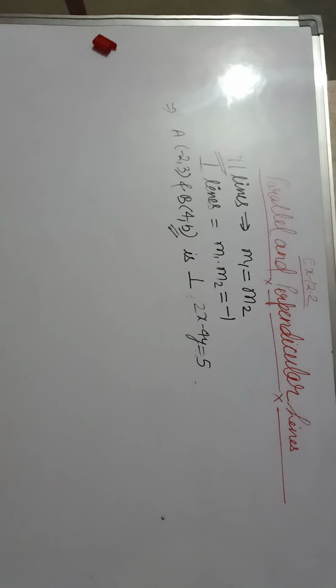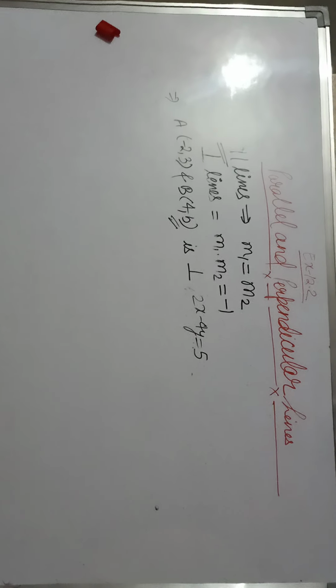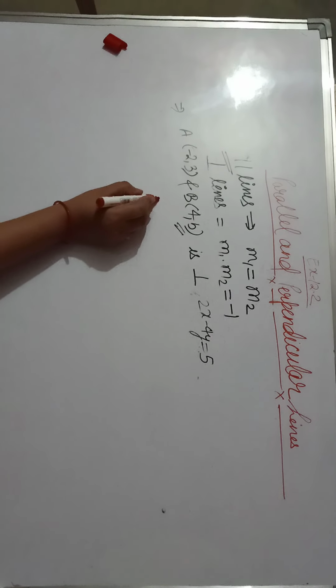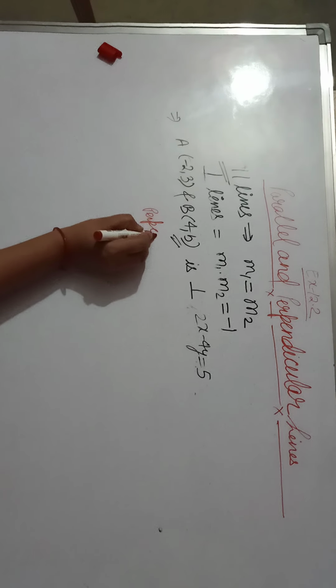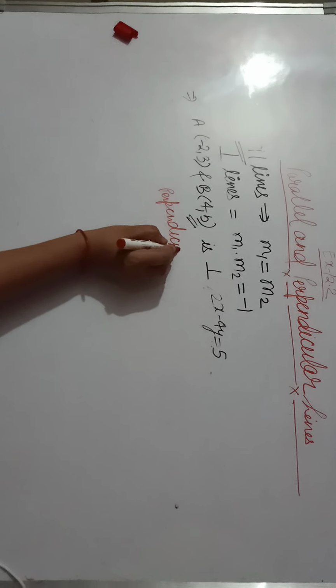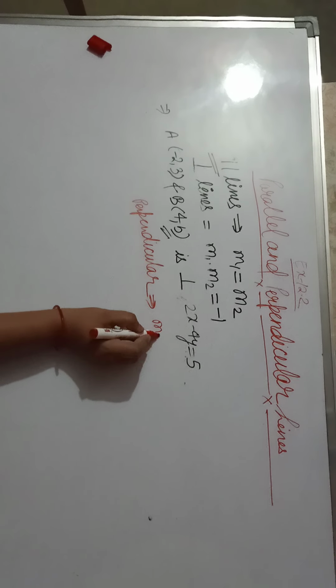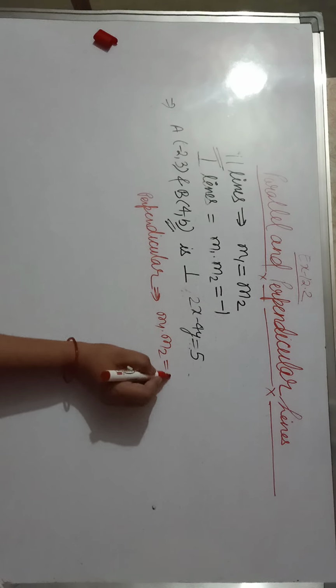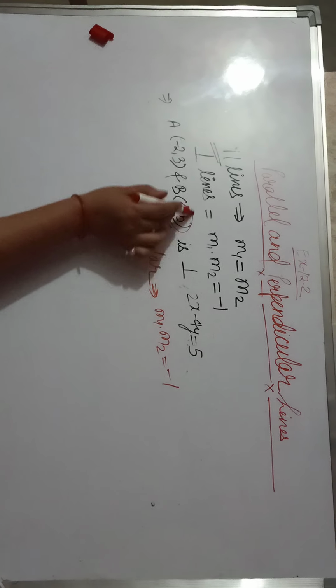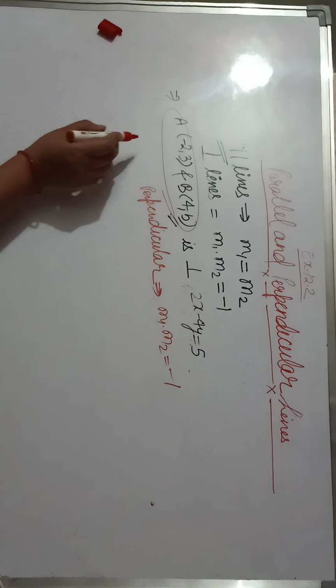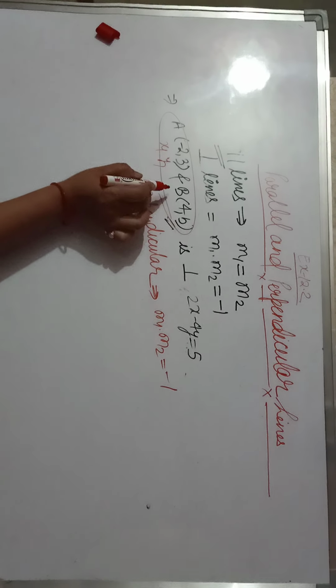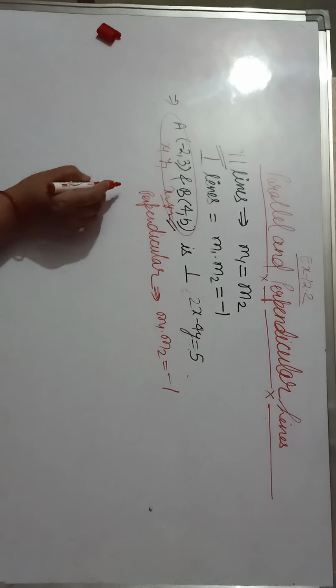These two lines are perpendicular. It means that for perpendicular lines, m1 into m2 is equal to minus 1. First, get the value of m1 from these two points. We have x1 y1 and x2 y2.